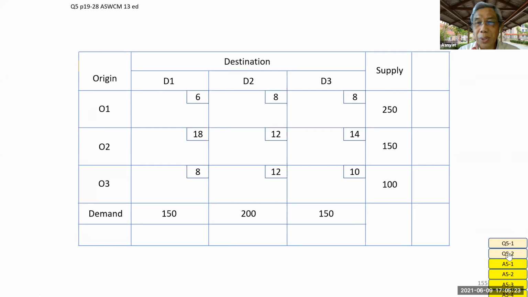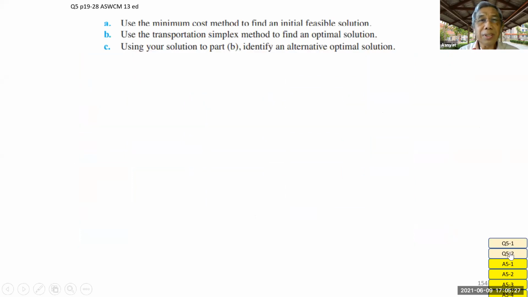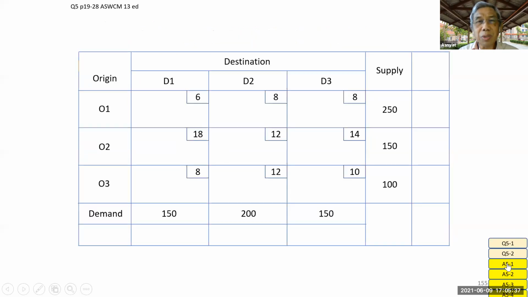Okay, let's look back at the question. Use minimum cost method to find an initial solution. What do we do to find an initial solution?